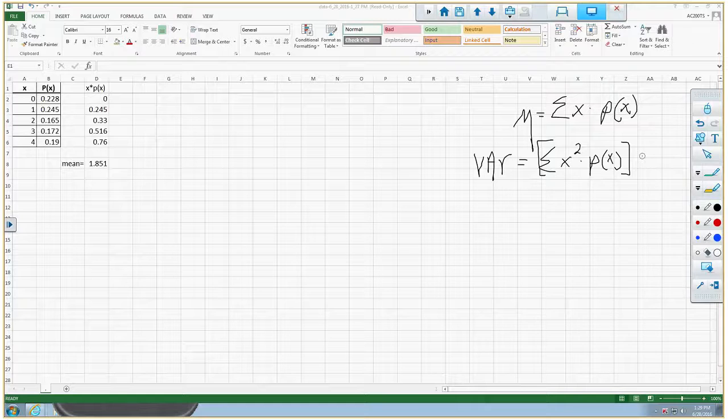Minus the mean squared. So if you haven't done it, do it. Take your notebook paper and draw another column. And that column is going to be x squared. And then draw another column, and that's going to be x squared times p of x.